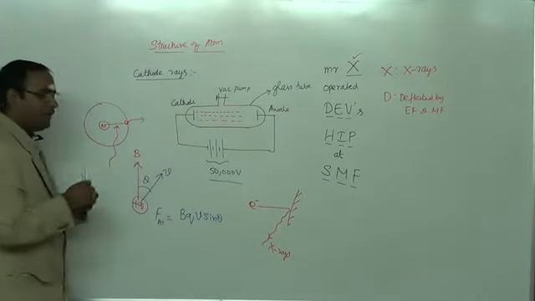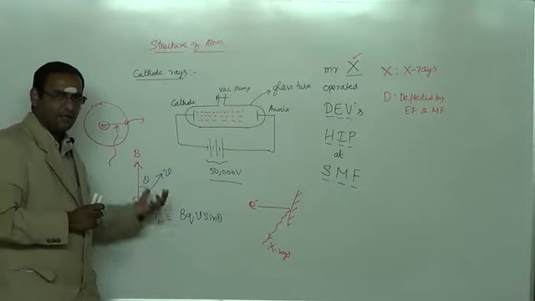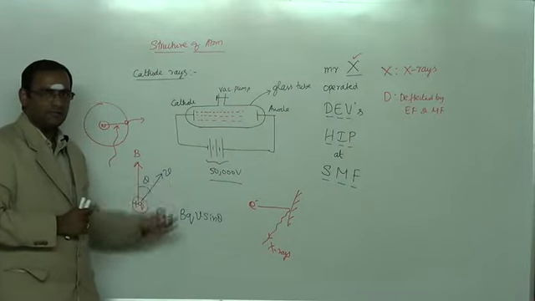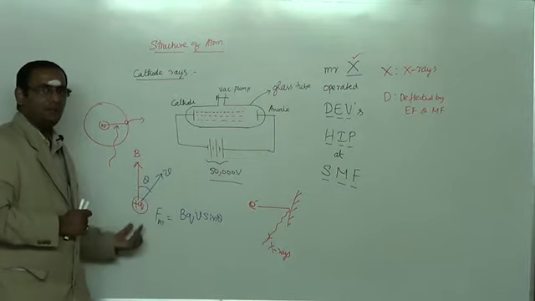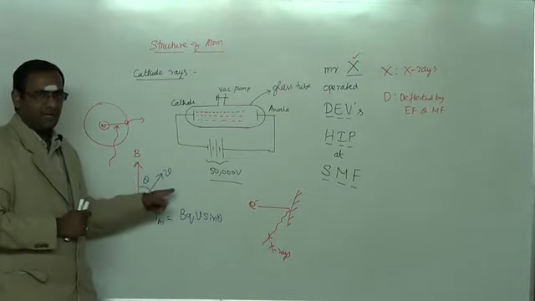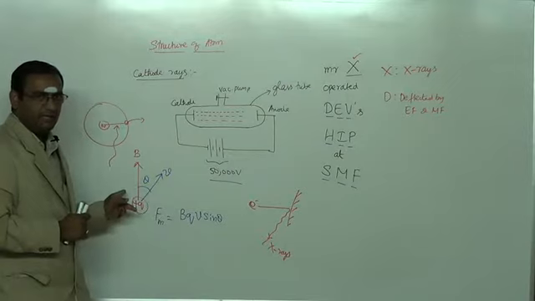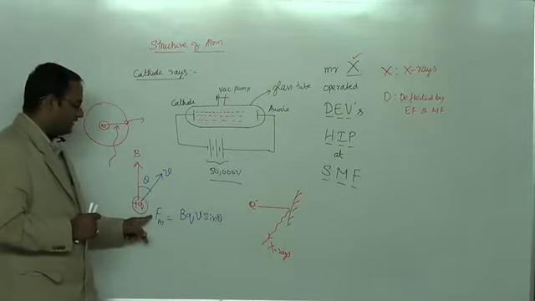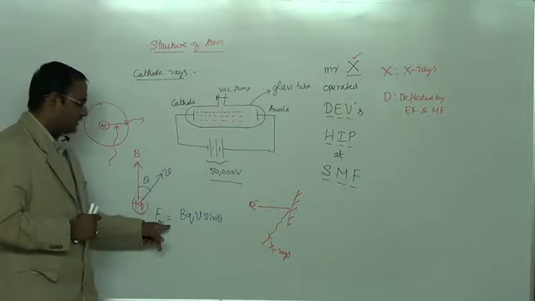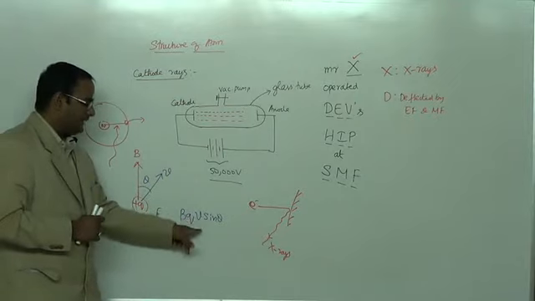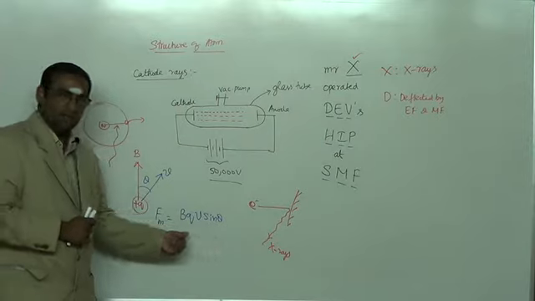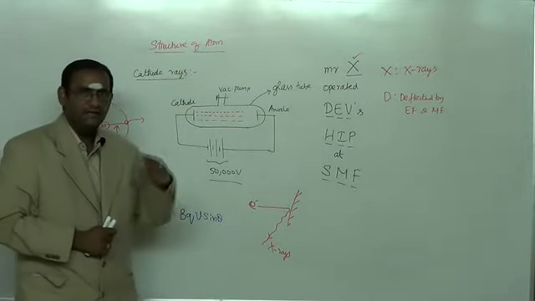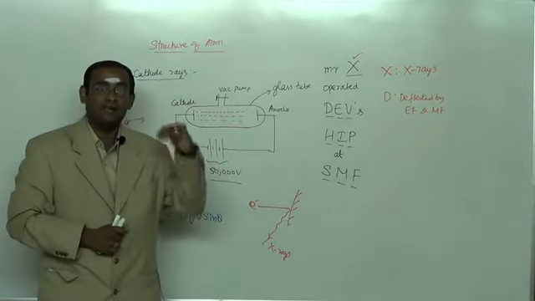This is the formula for the magnetic Lorentz force, the force experienced by a charge moving in a magnetic field. Children, this proof is of great importance, but it is not in your chemistry. It is a part of 12th standard physics.